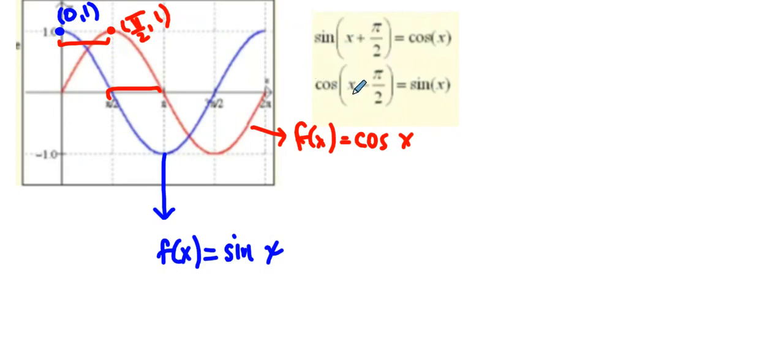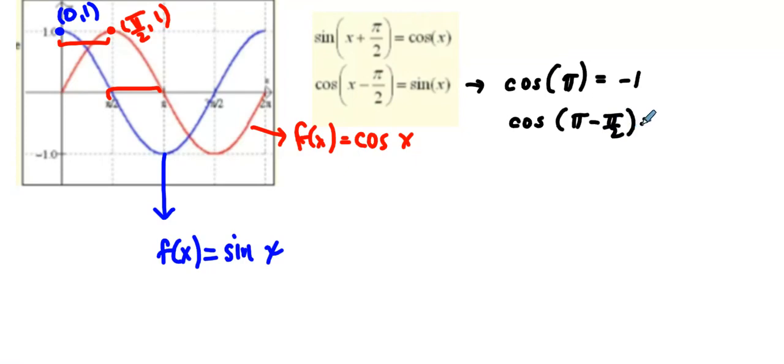So for example, I'll just do this example here. If I look at the cosine of pi, the cosine of pi is -1. Okay? The cosine of pi minus pi over 2 will give you the sine of pi.